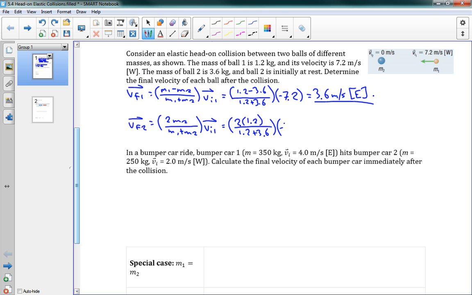This is multiplied by negative 7.2. And this gives us negative 3.6, which is equal to 3.6 meters per second west. There we go. Simple as that. So that was a special case where one of them wasn't moving at the start.